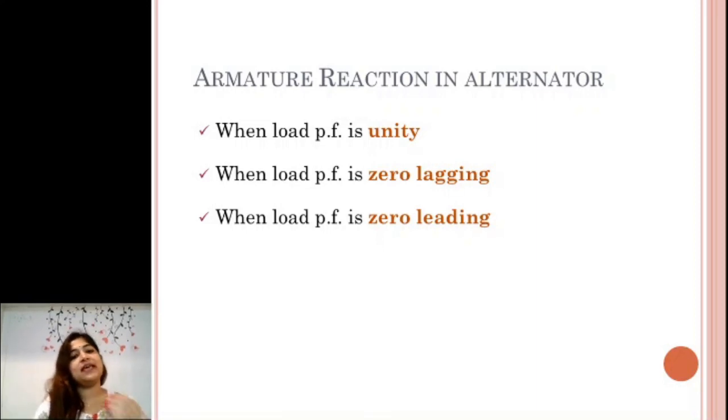So why are we saying load power factor is unity, zero lagging, zero leading? Because when the load is resistive, the load power factor is unity. When the load is pure inductive, the load power factor is zero lagging. While when the load is capacitive, you have load power factor zero leading. So for these three different loads, we will study the effect of armature reaction.